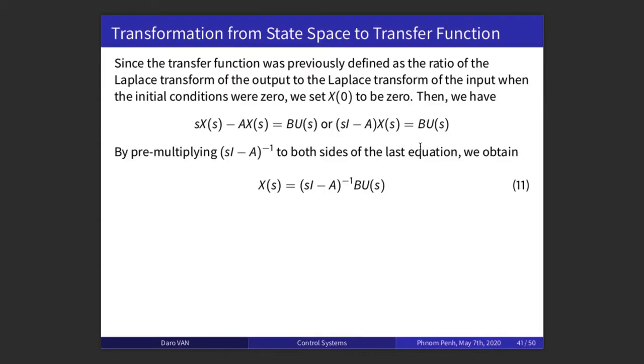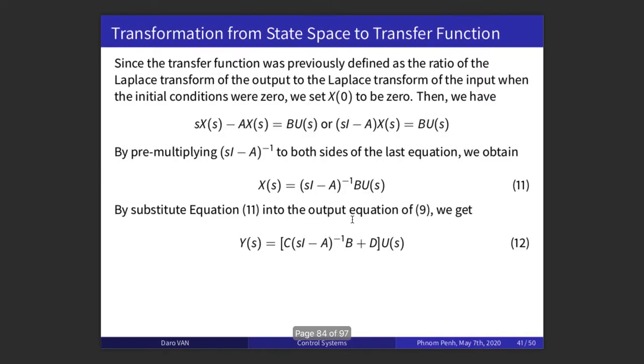And then by multiplying (sI minus A) inverse to both sides from the left hand side, you will obtain X(s) equals (sI minus A) inverse B U(s). And then substitute this equation into the output equation, equation 9. You will obtain this equation.